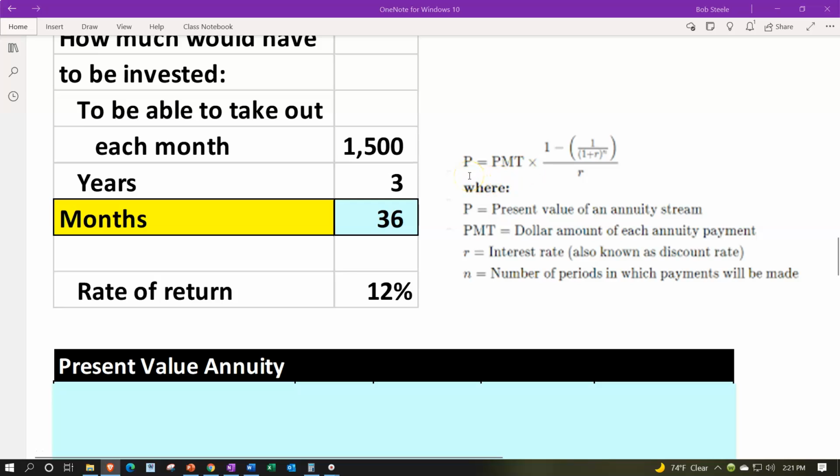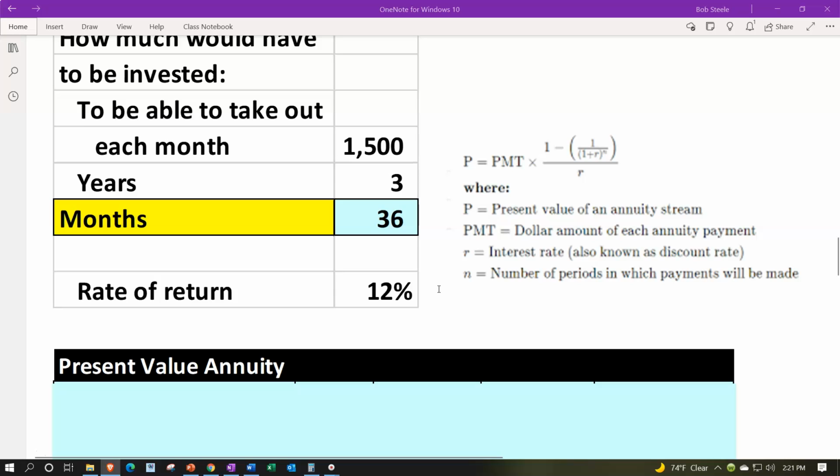So we could say P, present value of the annuity, is the payment 1,500 times 1 minus 1 over 1 plus R, which is going to be the rate, not 12%, because that's the yearly rate.